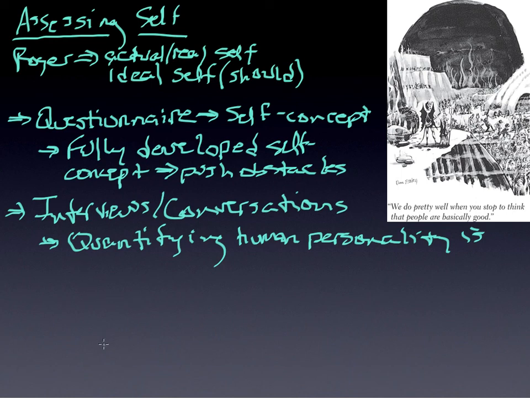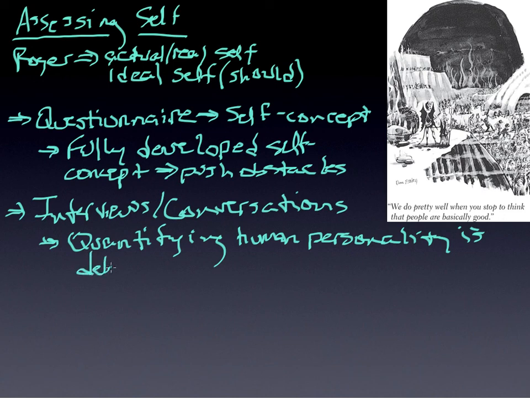By quantifying, in other words, true or false, and then having multiple items that go with that, we're actually quantifying. How do we create a scale, which we'll look at in the next module? How do we create a scale that will show the person's personality characteristics relative to other people?